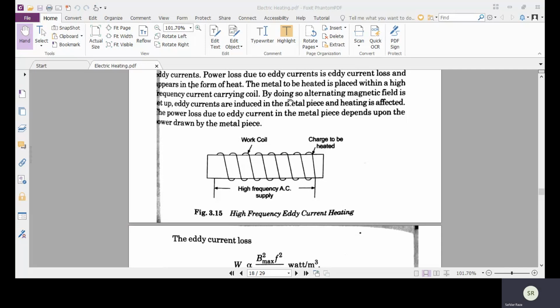Now, in this sentence, the working or the basic phenomenon of high frequency eddy current heating is discussed. The power loss due to eddy current in the metal piece depends upon the power drawn by the metal piece.